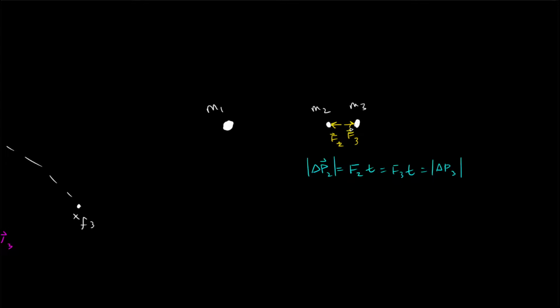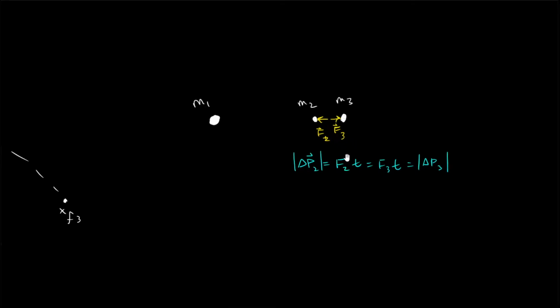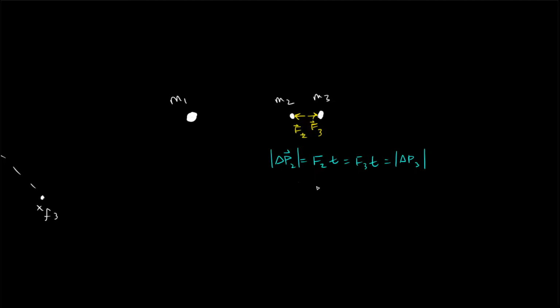So both of these pieces have the same magnitude of change in momentum from the explosion, not from gravity, and opposite directions. So if we draw a vector addition diagram, this one looks like that, or like that. This one looks like that.